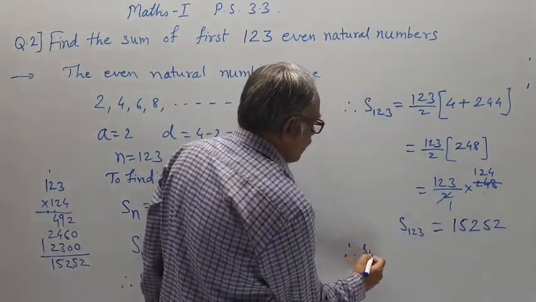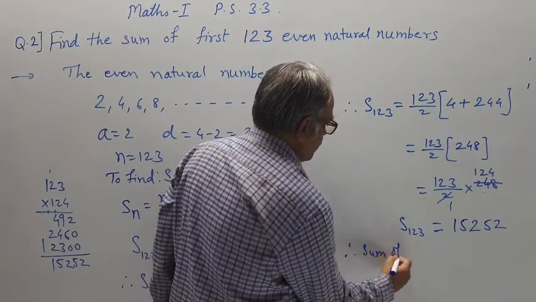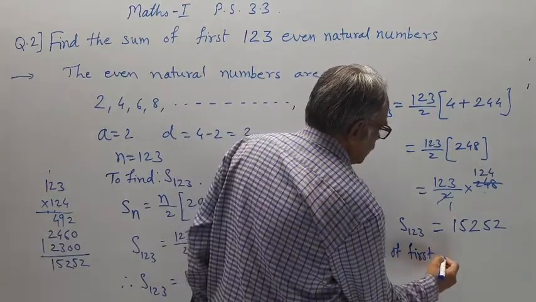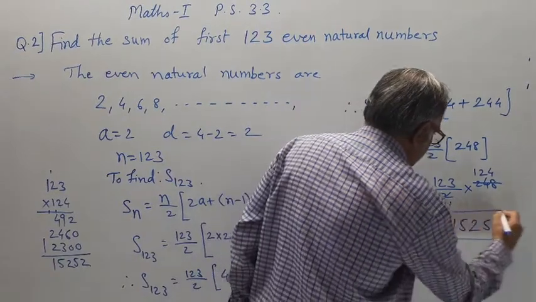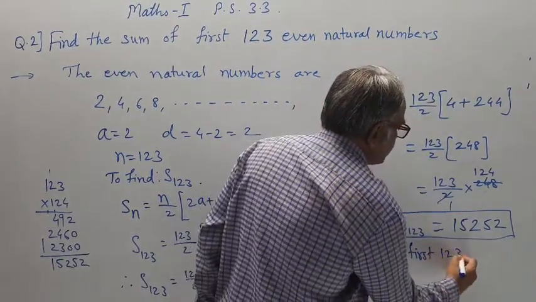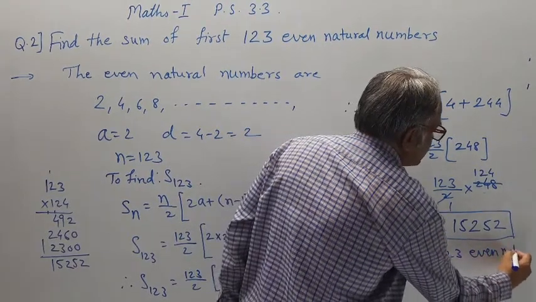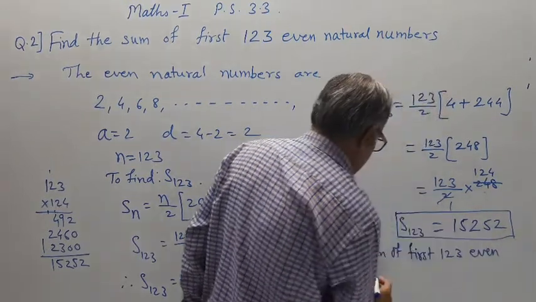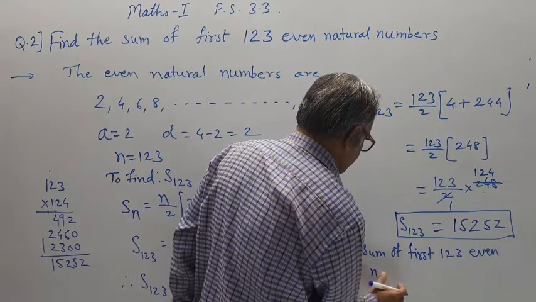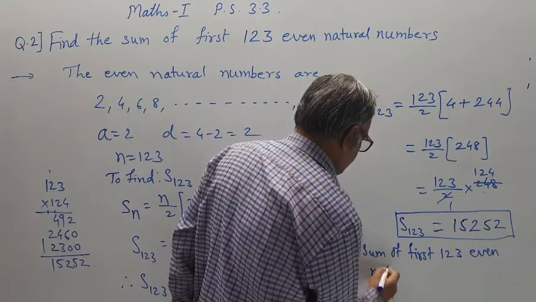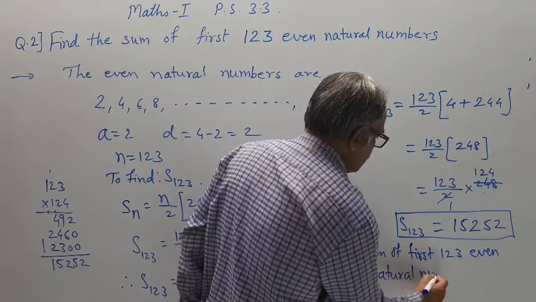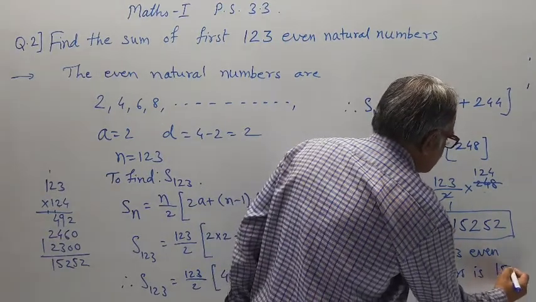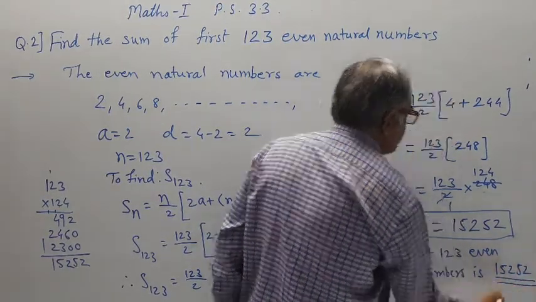Therefore the sum of first 123 even natural numbers is 15,252. This is the main answer, and that only we have to write in words. The sum of first 123 even natural numbers is 15,252.